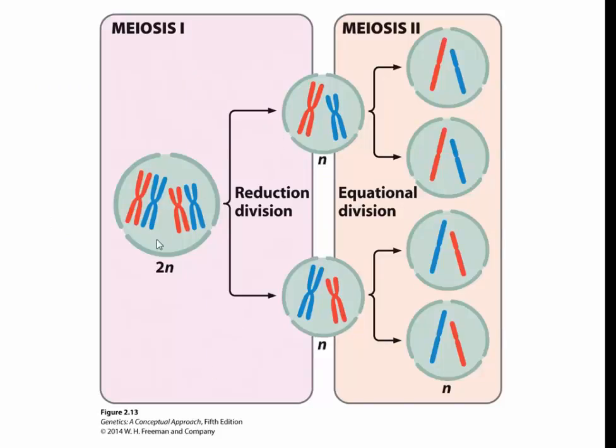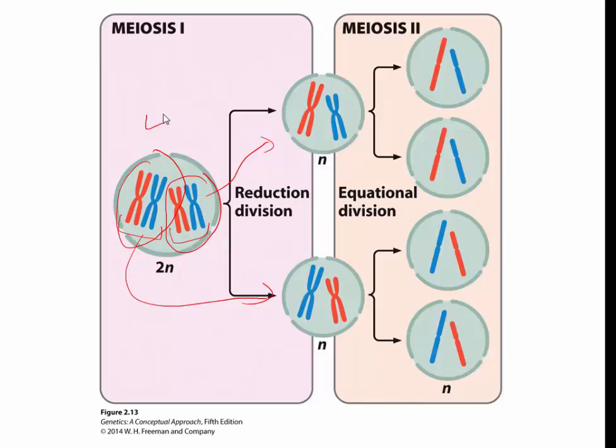So here's the way it looks. Here's some chromosomes. They're all getting lined up here. It doesn't really show how they line up exactly, but it's showing that these are lining up in pairs. The red and the blue are like 1 chromosome from mom, 1 chromosome from dad. And then now what's going to happen is that we're going to divide in such a way that both of these guys go to 1 cell and both of these guys go to another cell.